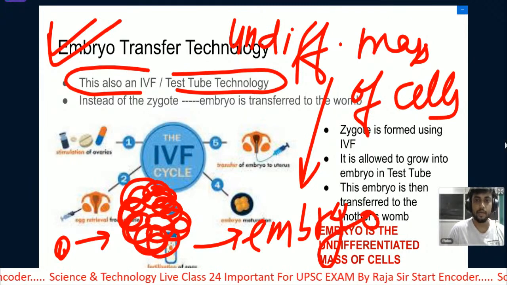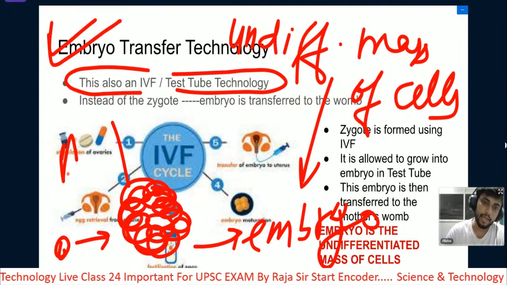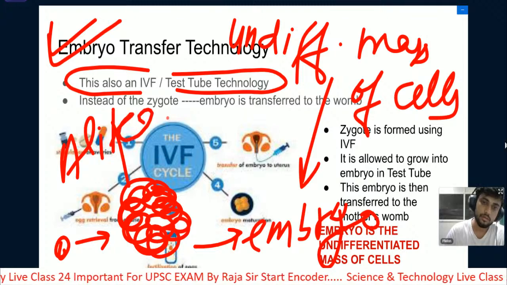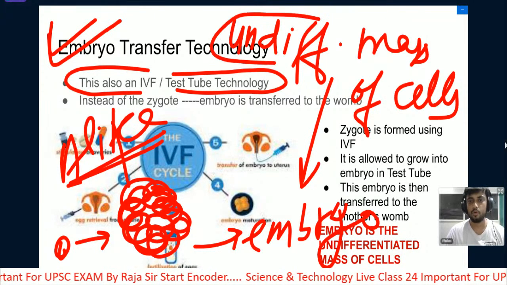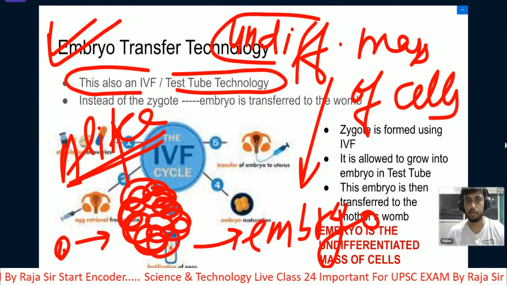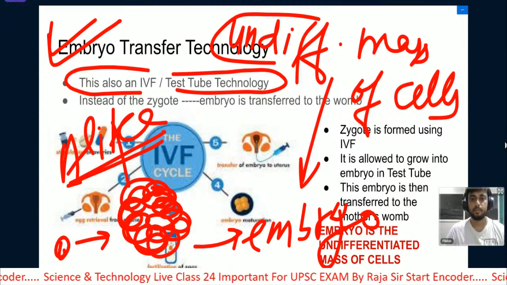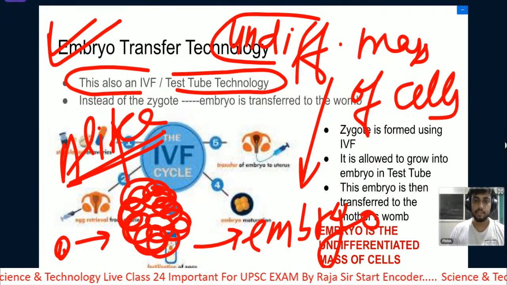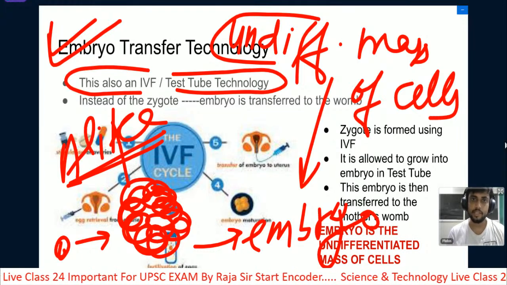All these cells in the embryo are alike, and that is why we say they are undifferentiated, because all these cells are similar to each other. The differentiation process does not begin at the embryo stage. In the embryo stage, differentiation does not occur, and all the cells are the same.